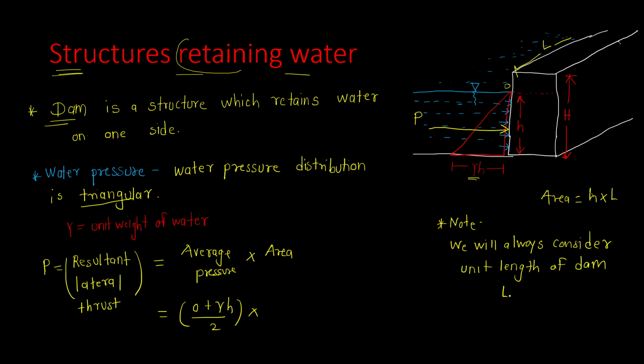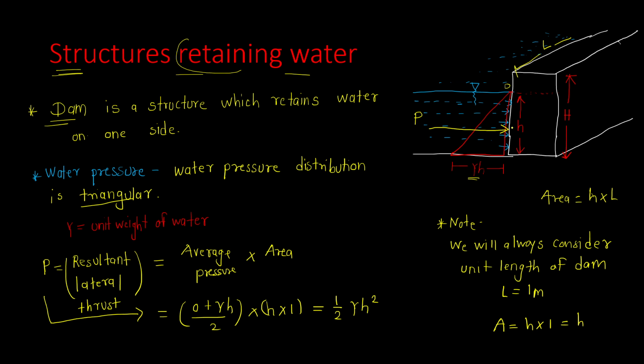That means we will take the L value as 1, that is 1 meter. So what will be the area now? The area A will be h into 1, that is h. So what is the resultant lateral thrust? It is equal to half gamma h square. This is the value of the resultant lateral thrust.